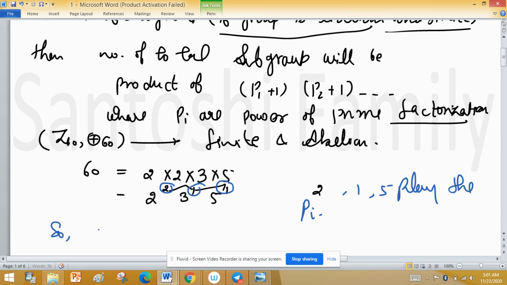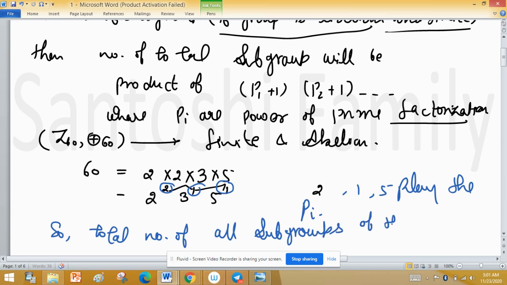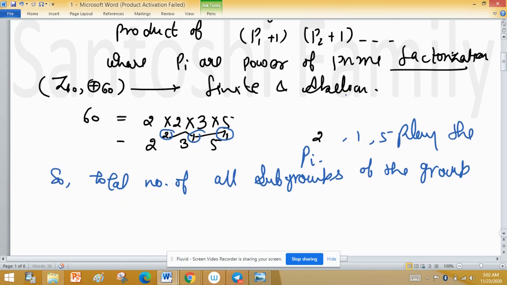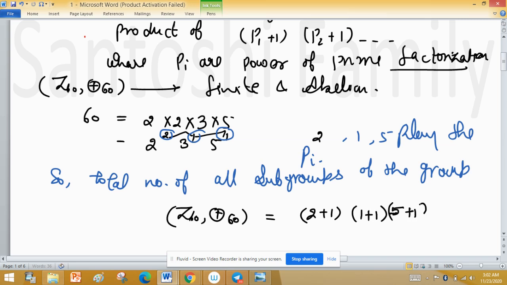So the total number of all subgroups of the group Z60, with operation integer modulo 60, will be (2 plus 1)(1 plus 1)(1 plus 1), because the prime powers are 2, 1, 1.